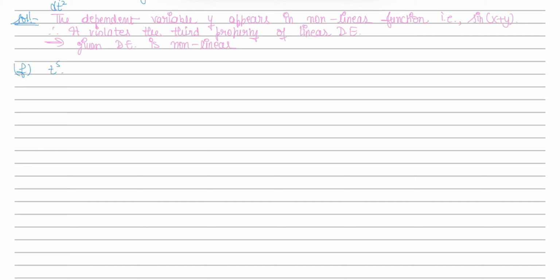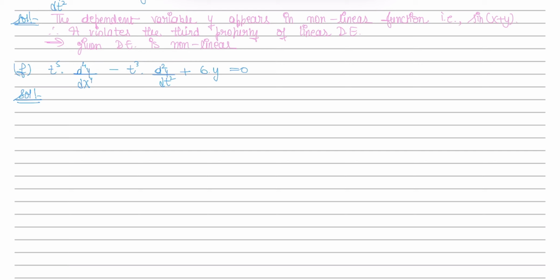t to the power 5 into d to the power 4 y upon dx4 minus t to the power 3 into d square y by dt square plus 6 into y is equals to 0.